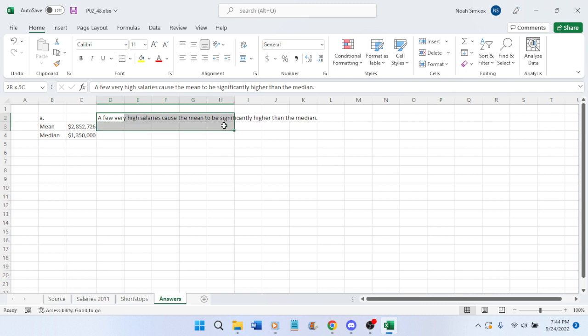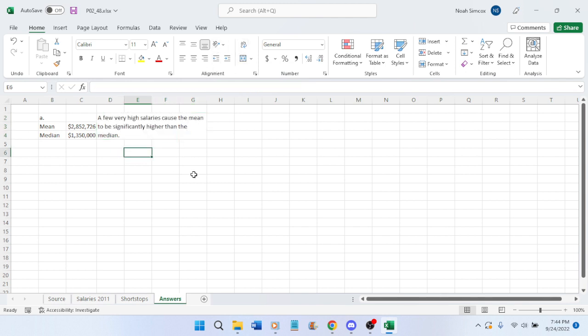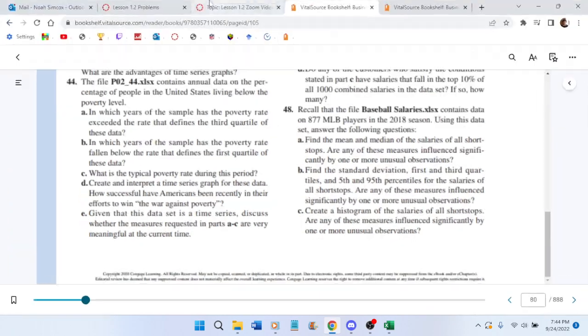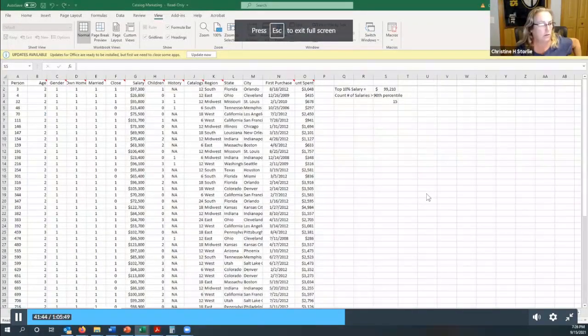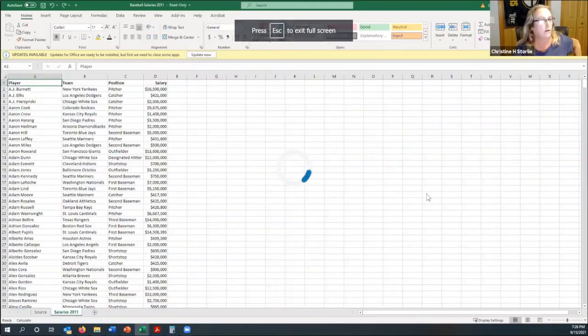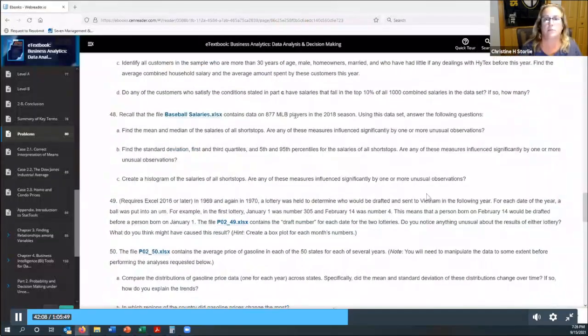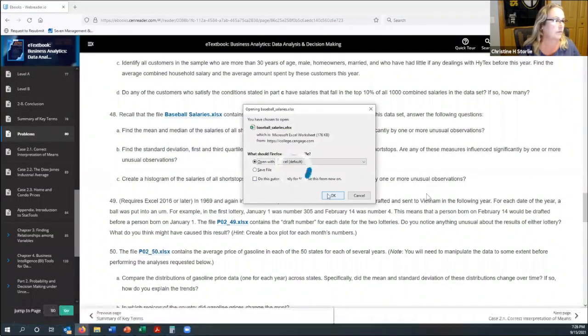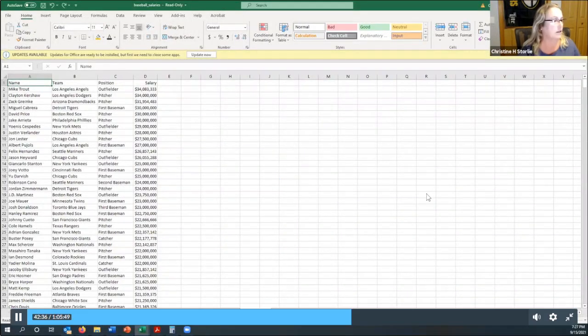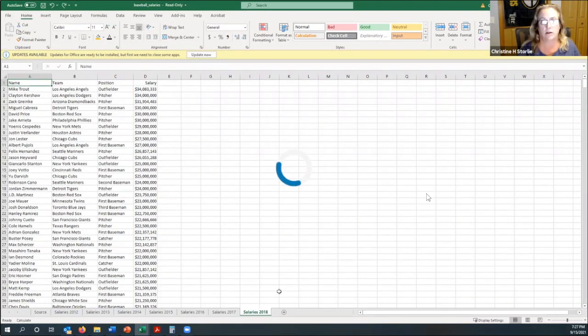This is fun. League baseball. Data this, my old file.